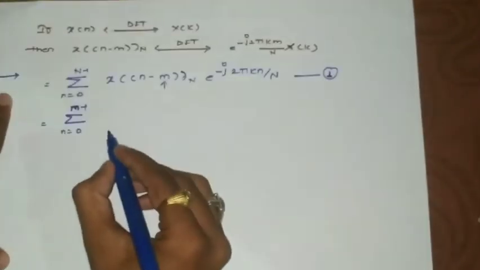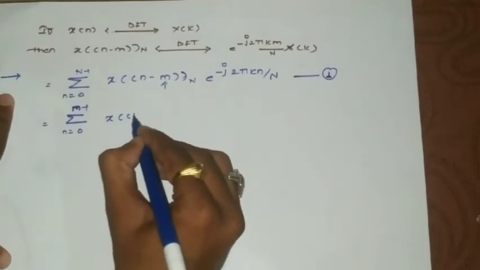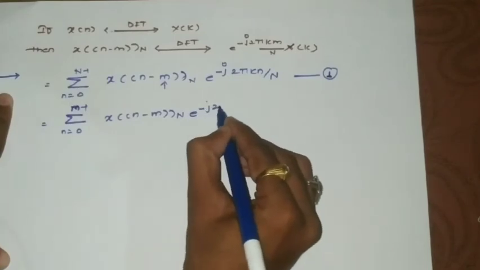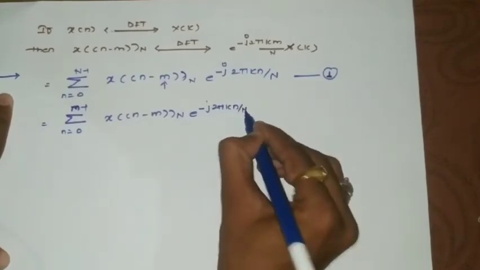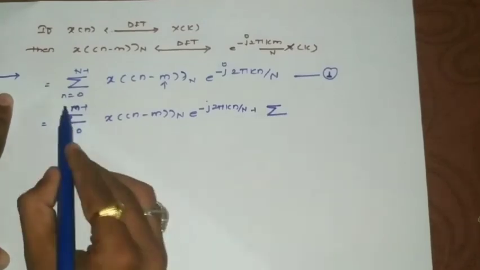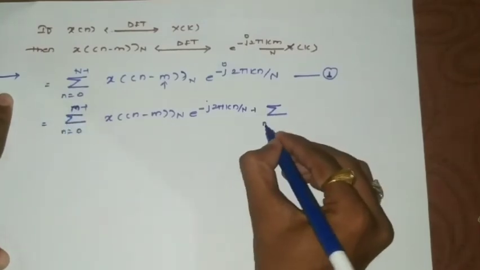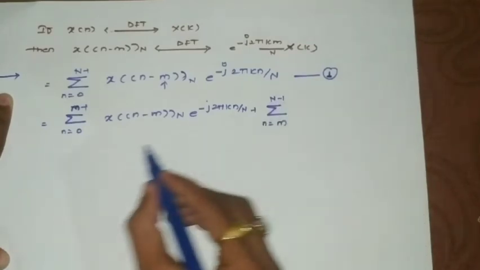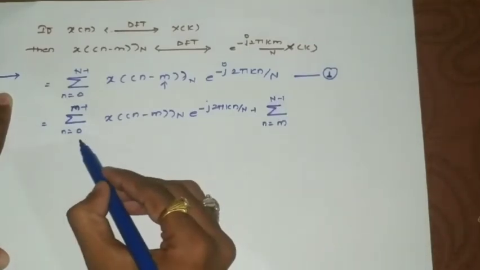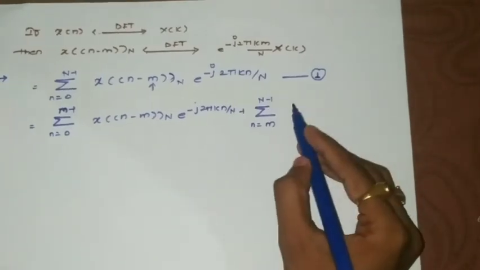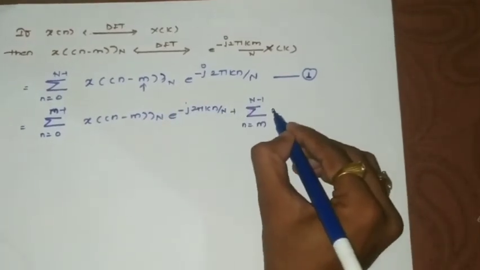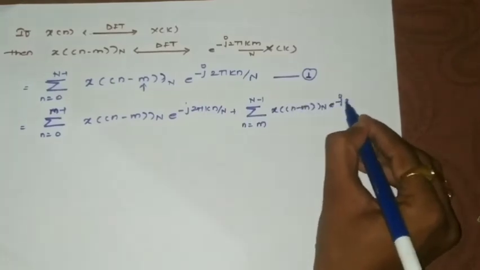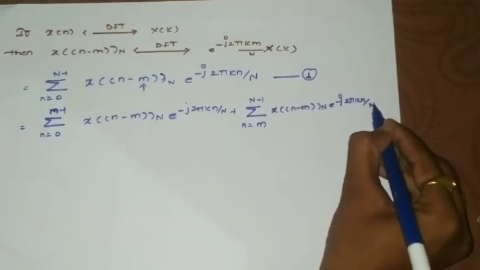Again the terms are going to be the same, x of n minus m modulo n with the exponential term as it is, plus the next summation term. Now its end is m minus 1, so it should start with m and our upper limit is n minus 1. What it indicates? Base is 0, upper limit is n minus 1. We are just simply splitting it, and this term as it is, x and our exponential term, which we will keep in the same manner.